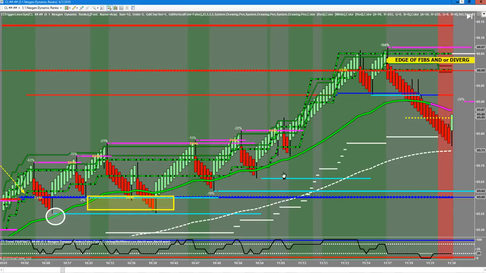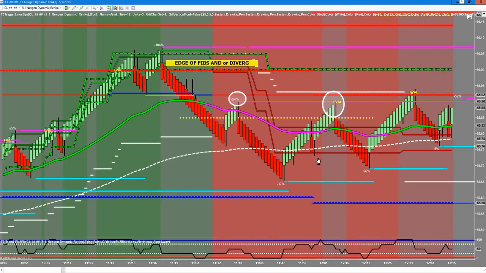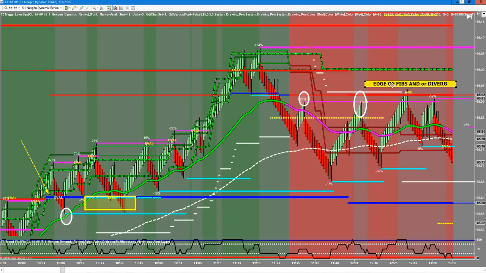Can you go one trend trade short with the edge of fibs and divergence with one trigger line rolling? Yes, you can. And can you do it twice? Probably so. Will it become easier? Look at the difference over here, guys. Just look at your charts. Edges of fibs with divergence for longs with everything green and going up.